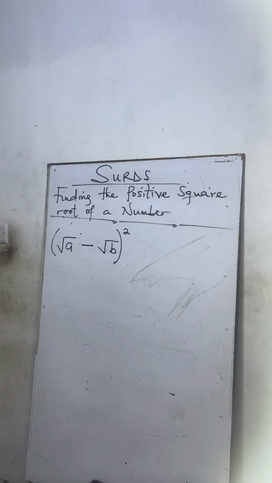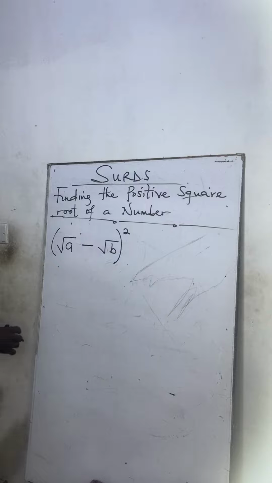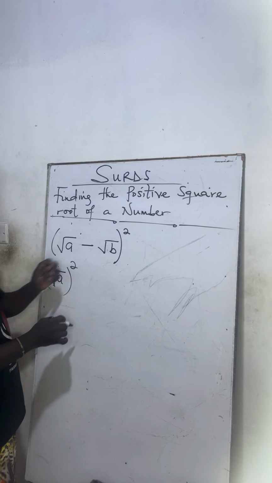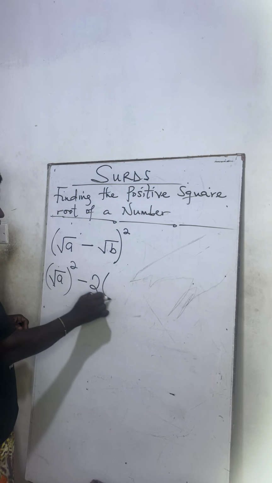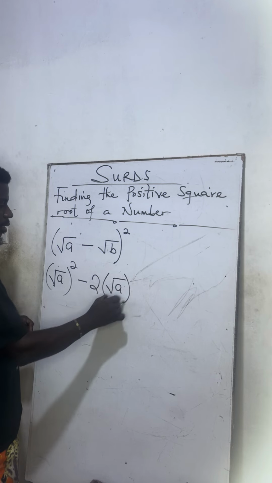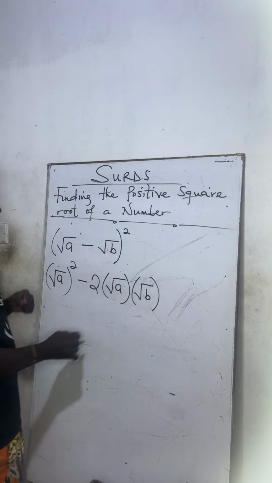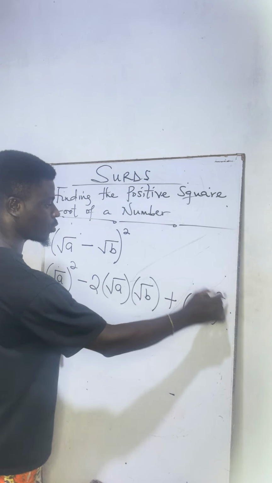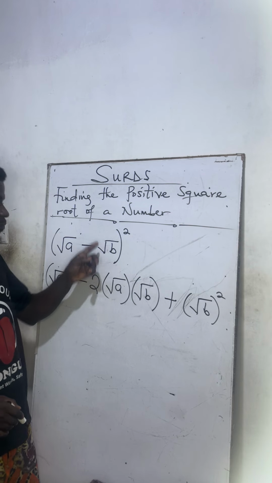Let's see when we have square root of a minus square root of b. Now let's see square root of a minus square root of b all squared. Same thing, we have square root of a all squared, then minus 2 multiplied by the first and the second terms, square root of a times square root of b, then plus square root of b all squared, because it will be negative square root of b all squared.